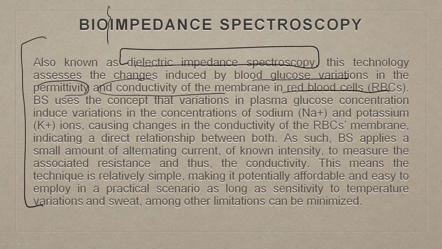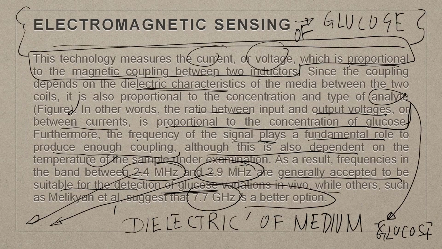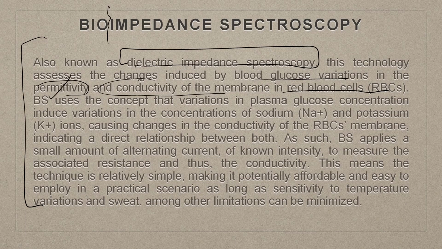When we talk about the dielectric, these terminologies come up, permittivity and conductivity. As I was mentioning earlier, you have to see the basic principle of how we measure the dielectric constant, and you will come across those words, permittivity and conductivity in the membrane.